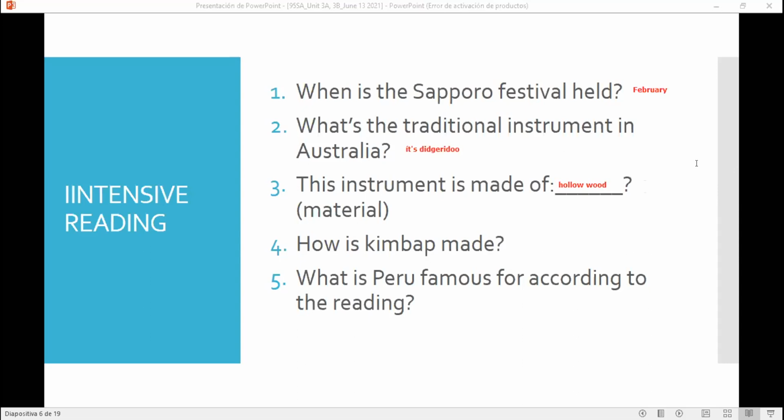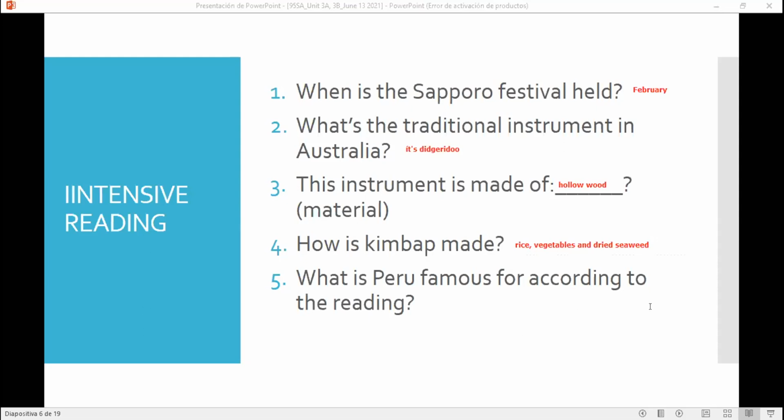Yes. How is kimbap made? With rice, vegetables, exactly, Digna, with rice, vegetables, and what else? Seaweed, teacher. Dried seaweed, exactly. So it's also made with dry seaweed.